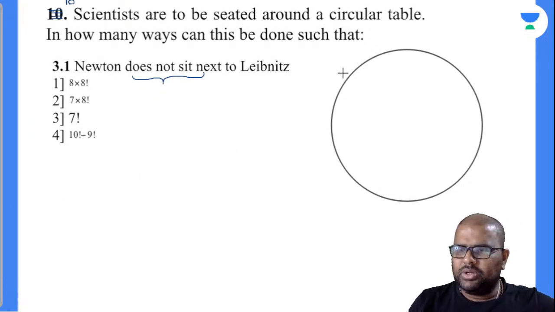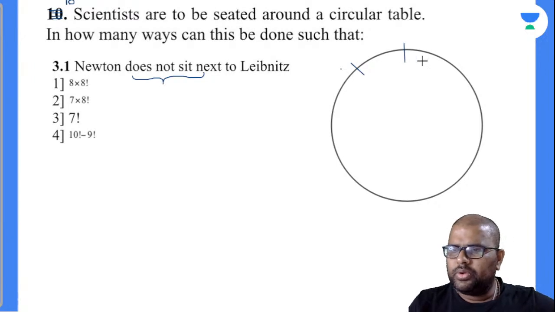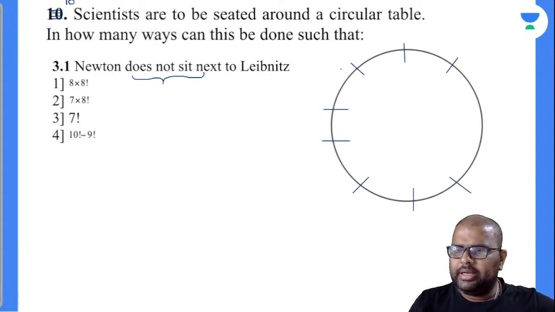So see here, I'll solve it. 1, 2, 4, 6, 7, 8, 9.